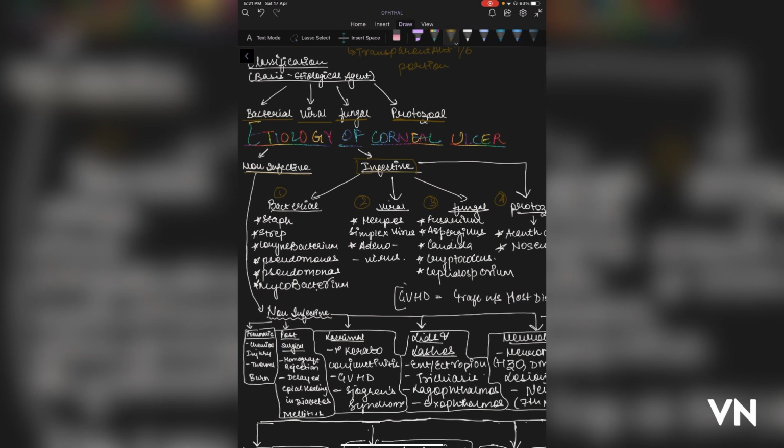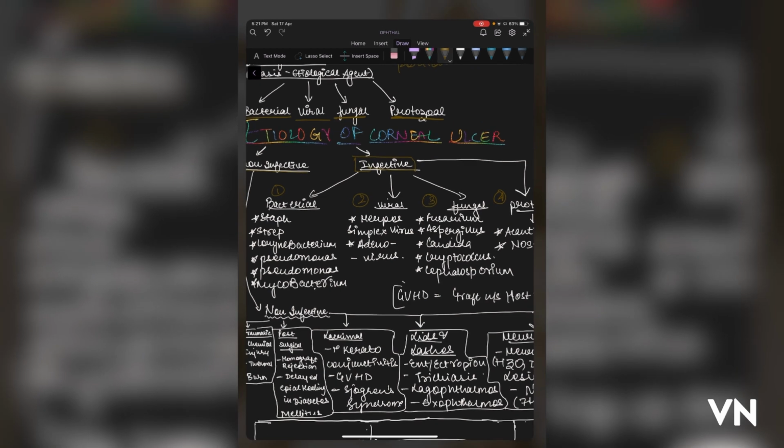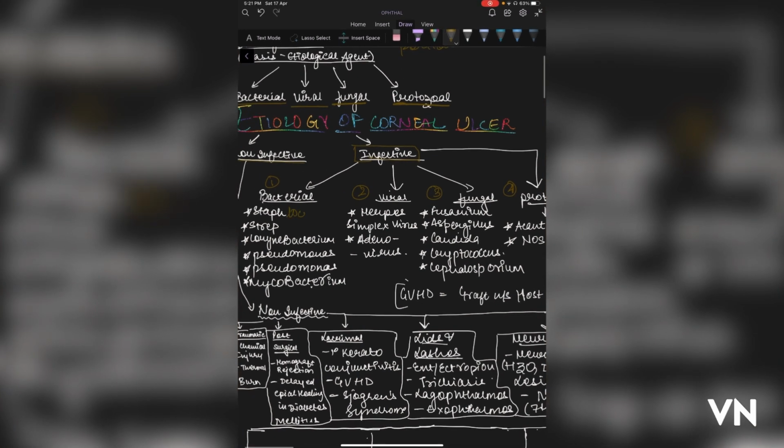So the bacterial causes include Staphylococcus. Staph aureus is the major cause of a lot of infections. Then the second most important bacterial cause is Streptococcus, and the other less important causes are Corynebacterium and Pseudomonas.